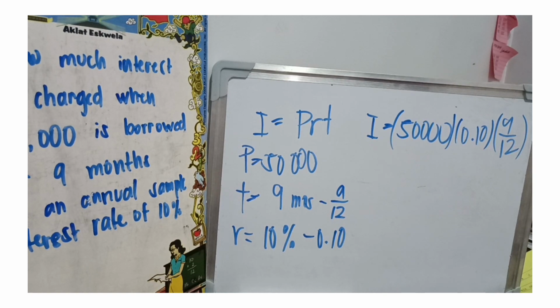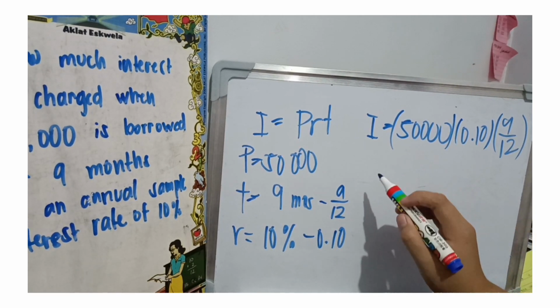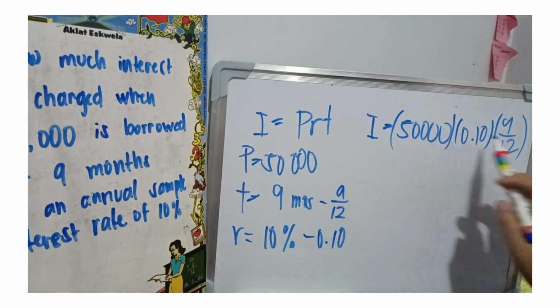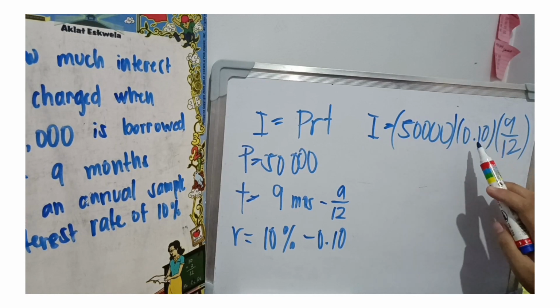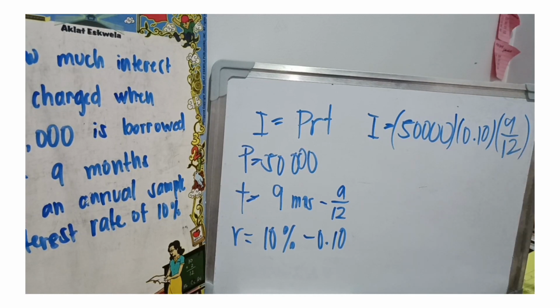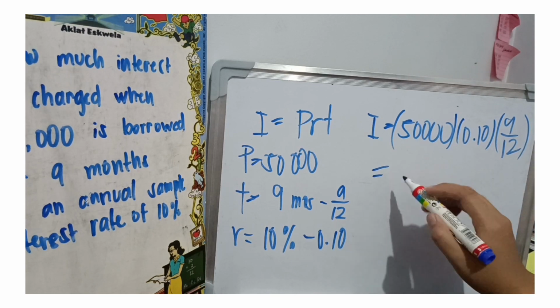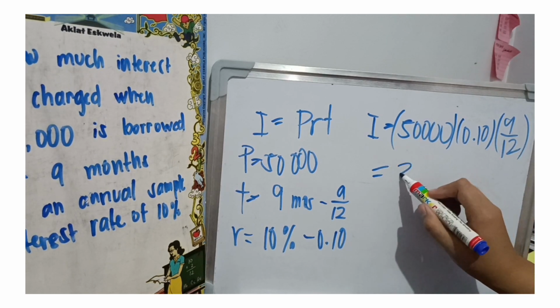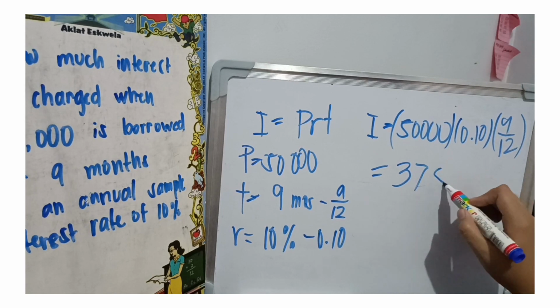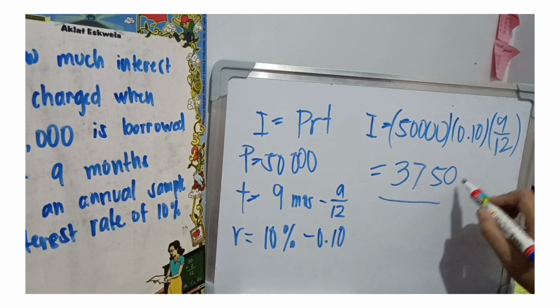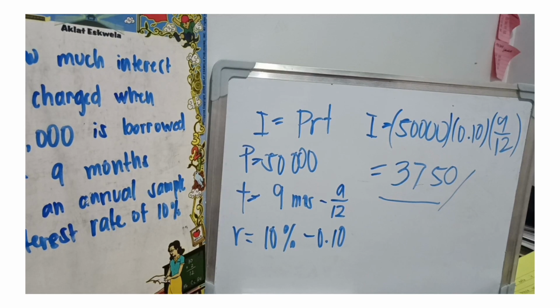So, let's start with the fraction when we multiply. We multiply all of them: 50,000 multiplied by 0.10 multiplied by 9 over 12. So, our answer, our interest, is 3,750. So, this is the interest.